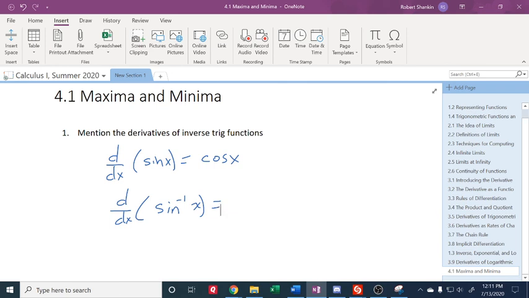But what is surprising is you don't get any trig functions in your result. If you take the derivative of an inverse trig function, you get an algebraic function.